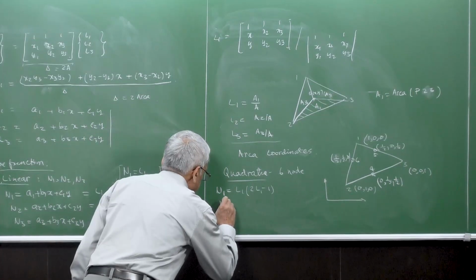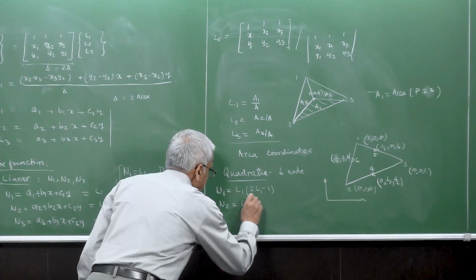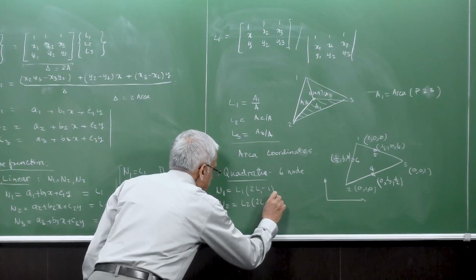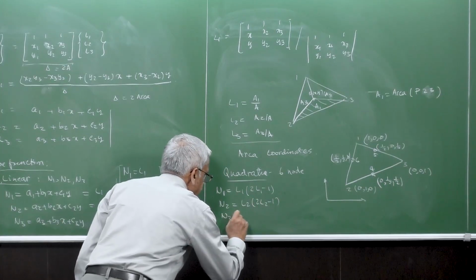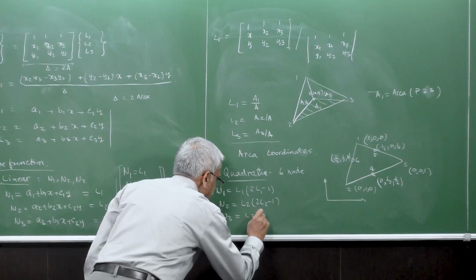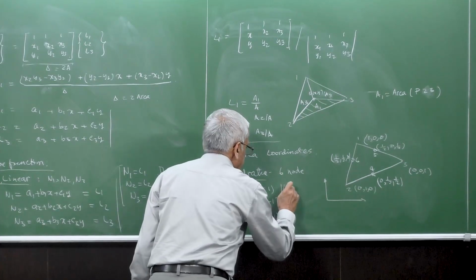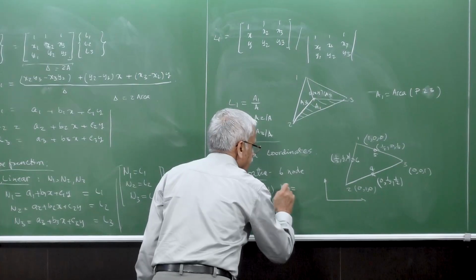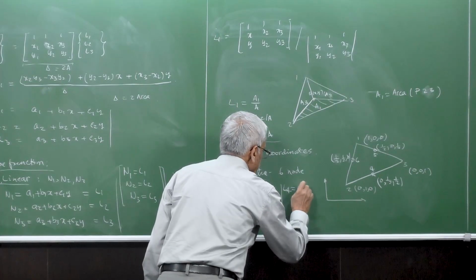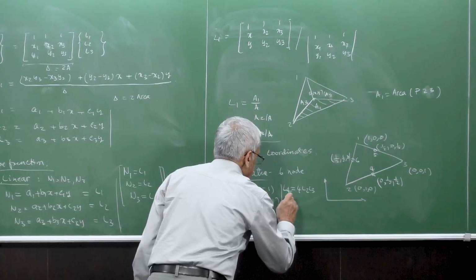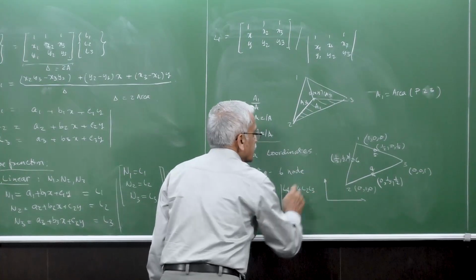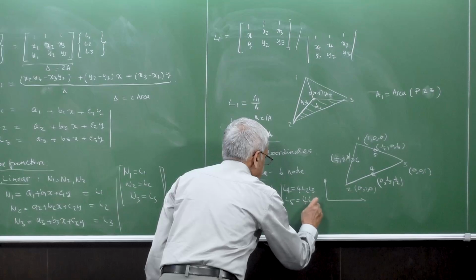Similarly you have N2 and N3, and N4 is 4 L2 L3, for example. N5 is 4 L1 L3.